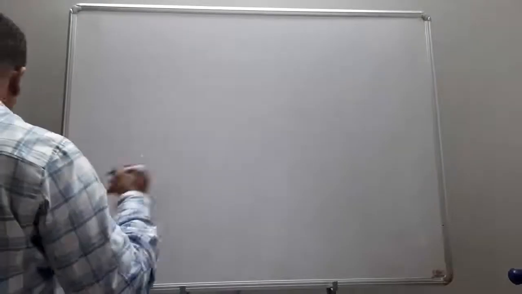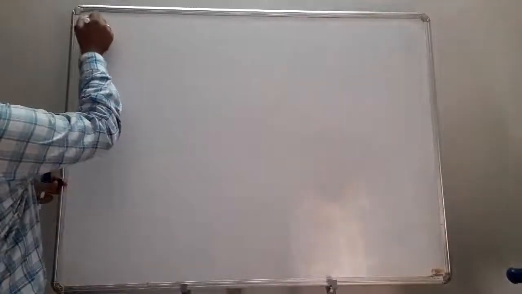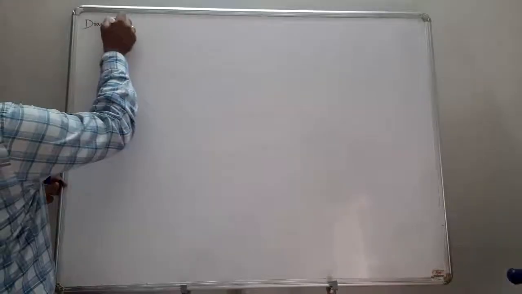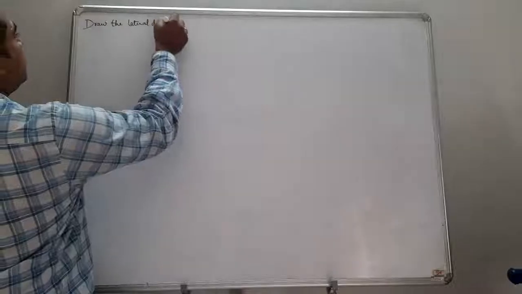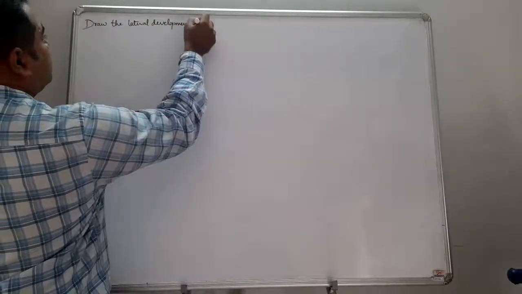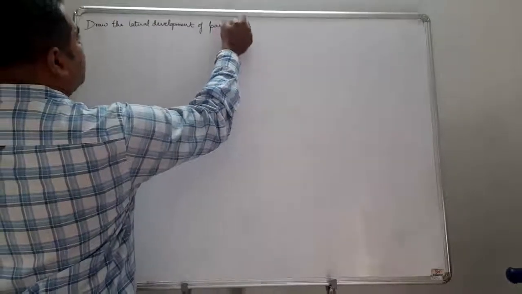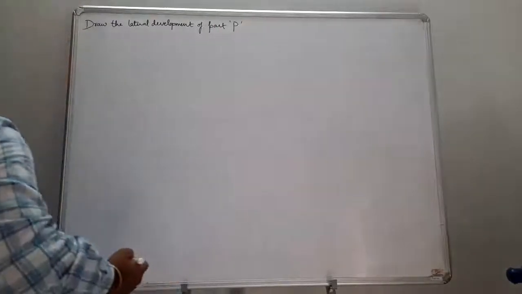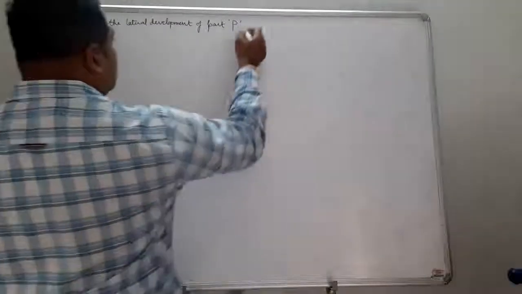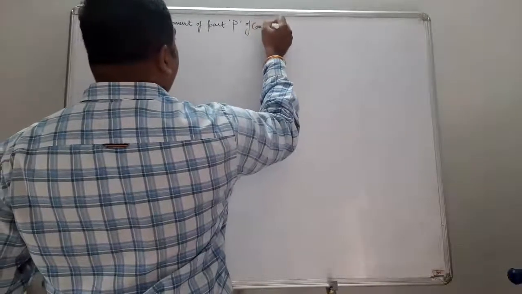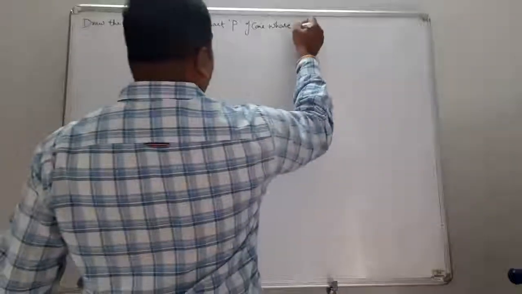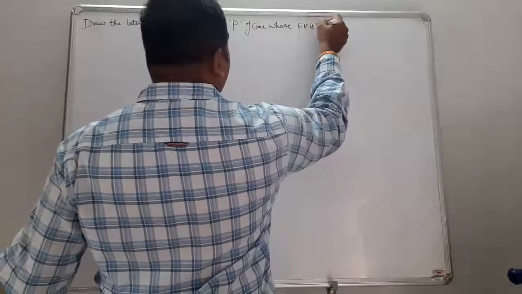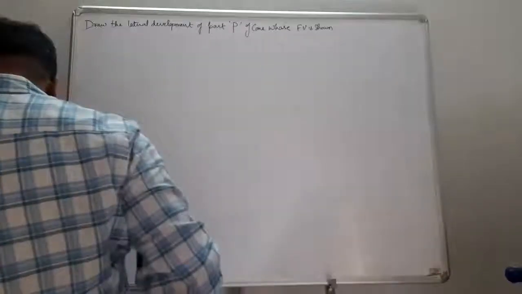All of you just draw the problem. Draw the lateral development of part P of a cone whose front view is shown.